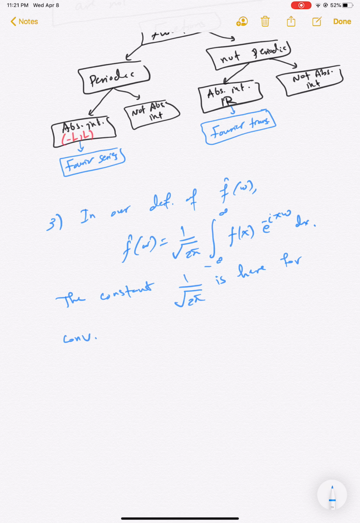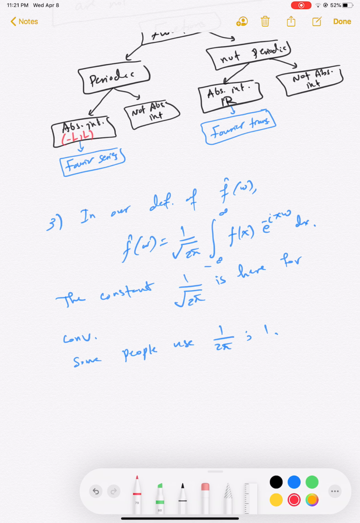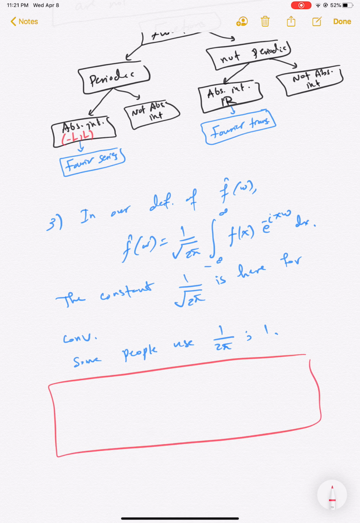I mean, if you open 10 books, I'm sure you will see different definitions. Some people like to use the constant 1 over 2 pi. Some like to use the constant 1. So in some other texts, you will see, for example, f hat of omega is 1 over 2 pi times the integral from negative infinity to infinity of f of x e to the minus i omega x dx.